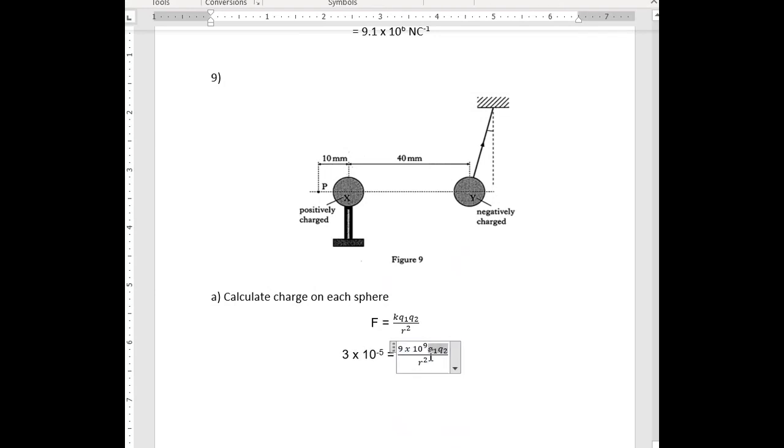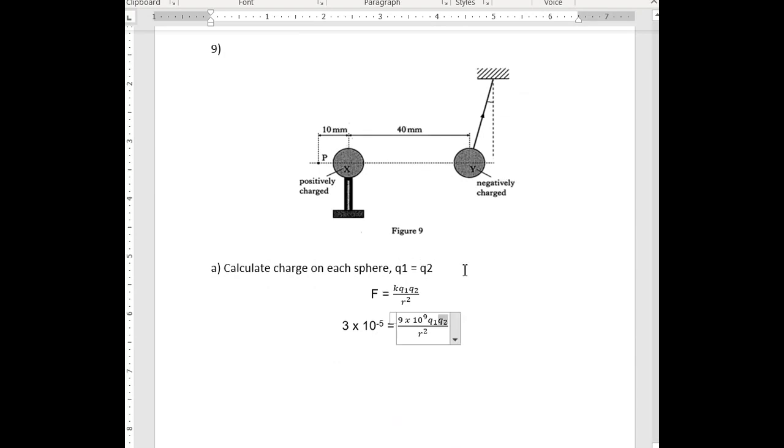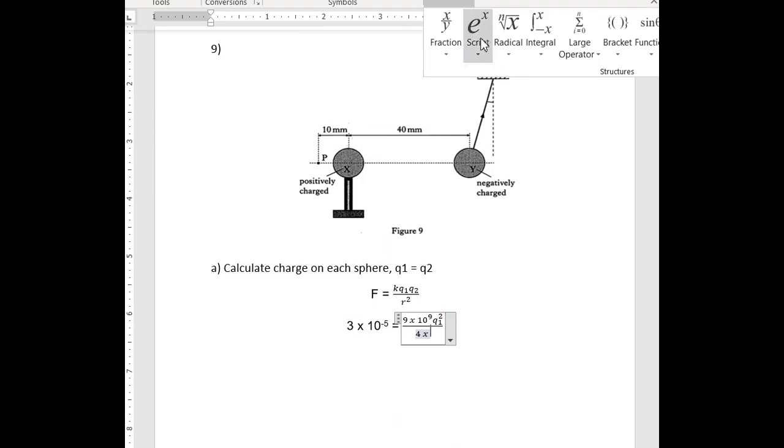These two charges have equal charge, Q1 equal Q2, so we can just shorten it into Q1 square. Distance between two charges is 40 millimeter, which is 4 times 10 to the power of minus 3 meter.